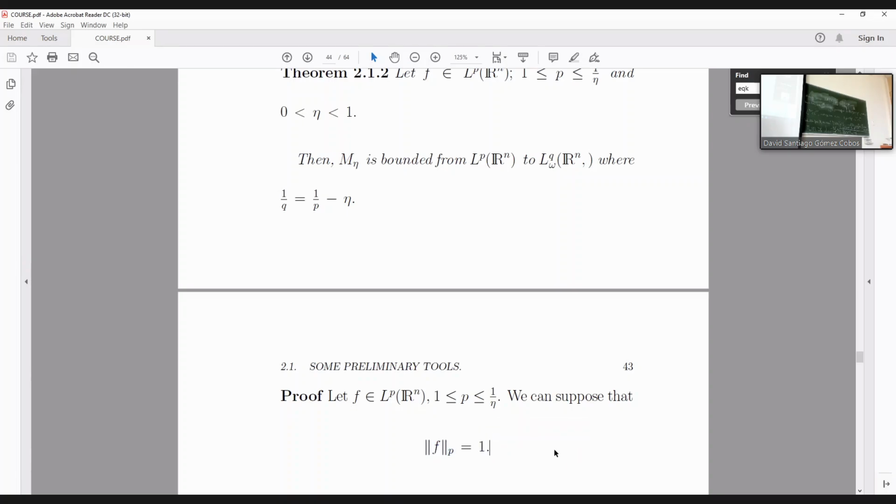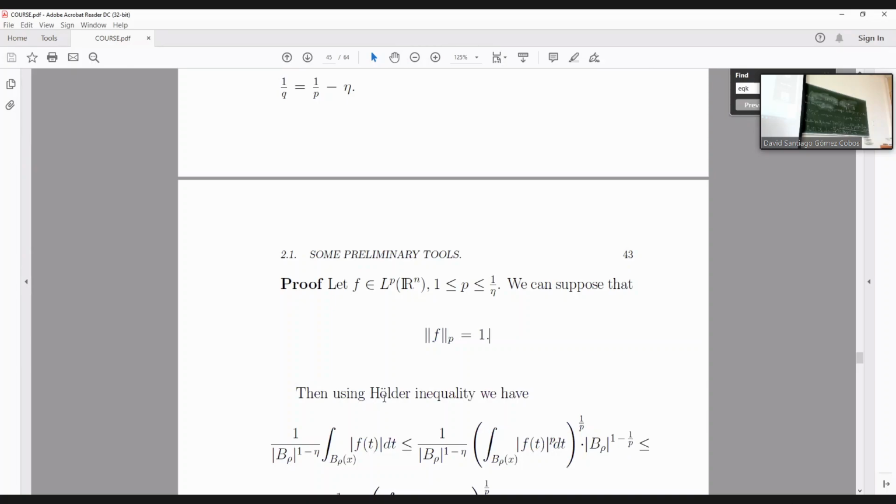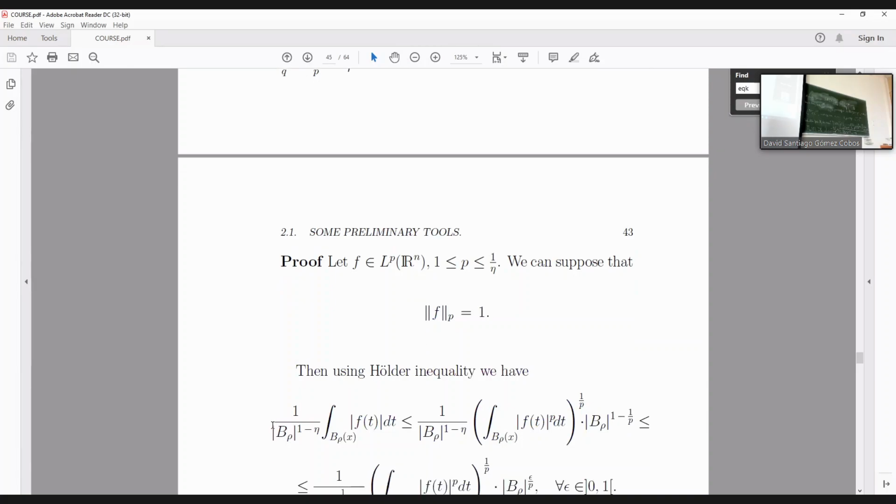Well, using the Hölder inequality we have that 1 over the measure of b rho with exponent 1 minus eta, times the integral in b rho x of f(t) dt, is less or equal some other quantities.